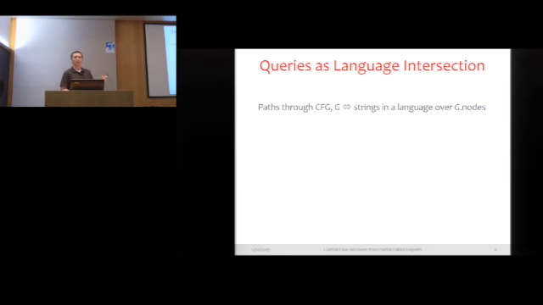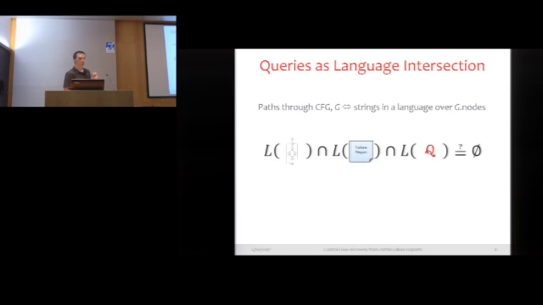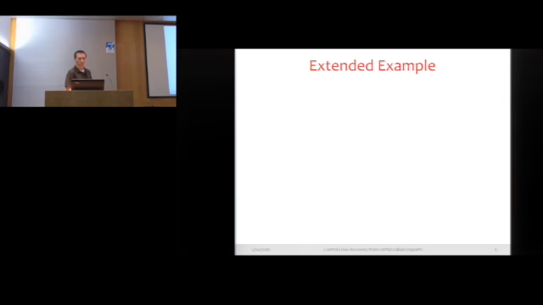So if we think of each component of a failure report as constraints on paths through the graph, then we need to encode our control flow graph, encode the failure report, and encode the user's query in some formal language model, and strings in the resulting language, if we intersect all of these, represent paths through the graph consistent with the failure report and the user's query. We're interested in if this intersection is empty or not. So I'll fill in the details of this high-level idea as I go through the talk.